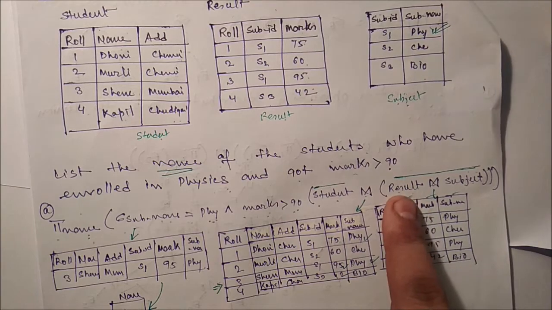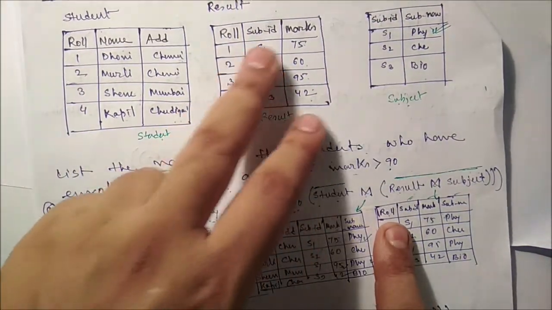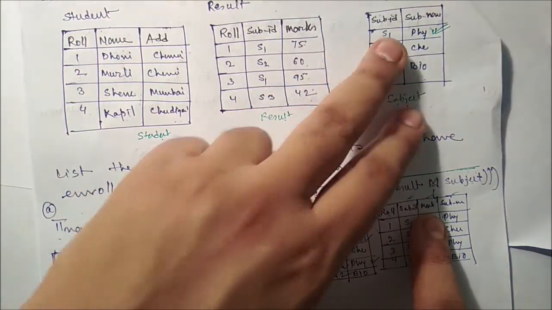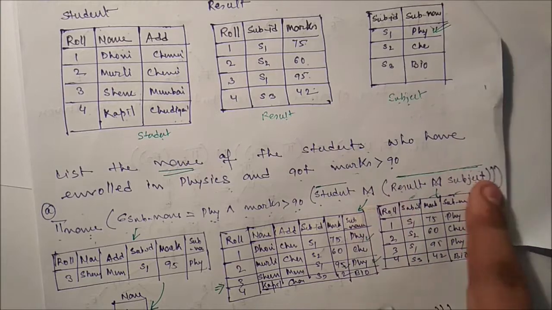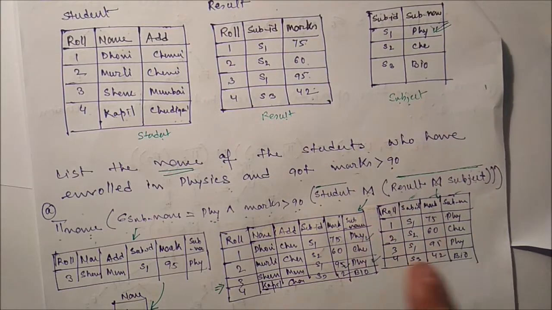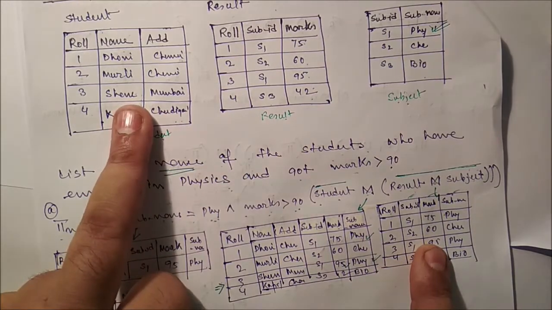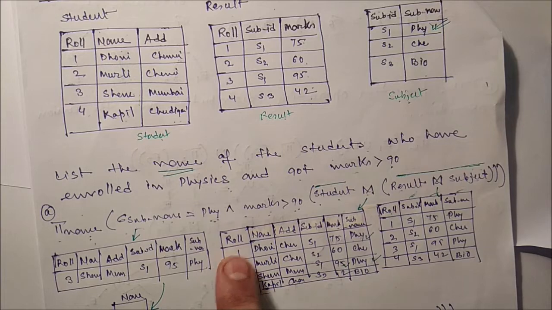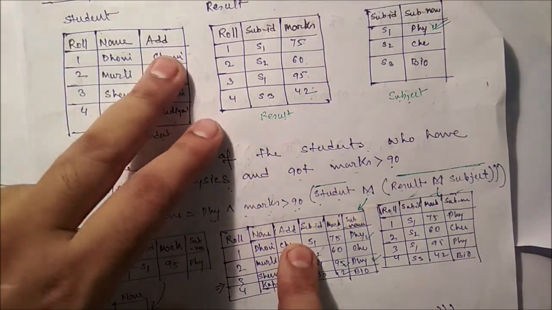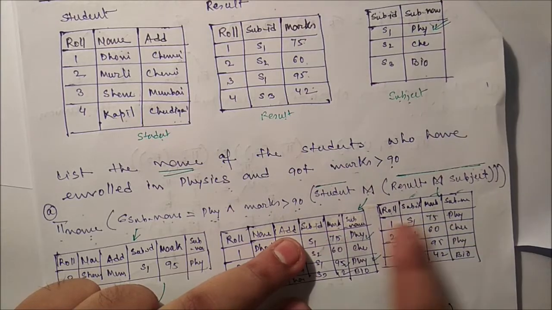Now if you merge result and subject, the attributes are roll number, subject ID, marks and the subject name. If you apply the natural join, this is our intermediate table, and we have to merge this table with the student table. With the natural join, you get this intermediate table: roll number, name, address, and from the other table subject ID, marks and subject name.